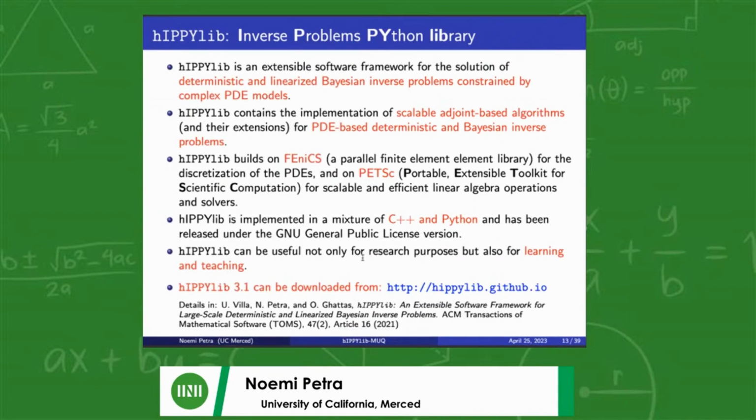The first part of this framework is hIPPYlib, which I mentioned is an inverse problems Python library. We call it an extensible software framework because the hope is that one can start with what we put together and extend it fairly easily to various needs with a minimum amount of modifications.